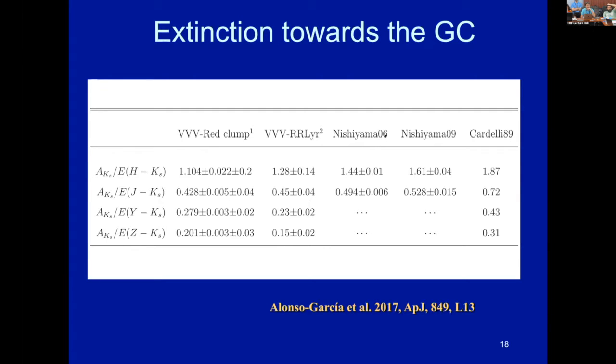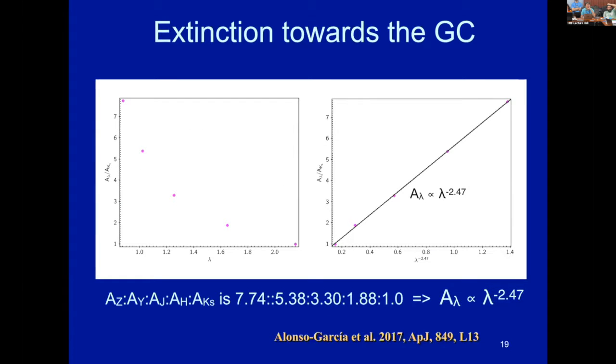In addition to that, we were also able to check on the extinction law there, and we found that the extinction law was steeper than previously thought. The alpha value that we are finding is around 2.5. The value from Cardelli is below 2. So our extinction law towards the galactic center is, as I am saying, steeper than previously thought.